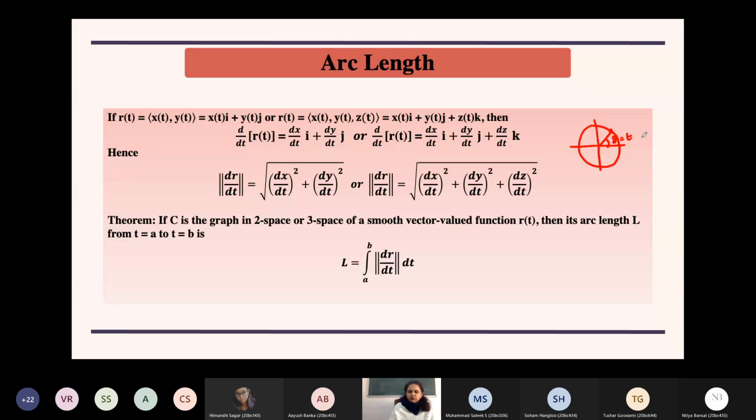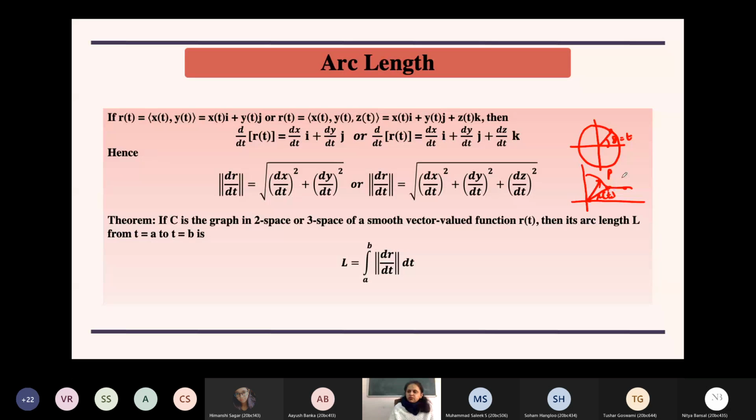And in general, for any curve, whenever you are positioned at any particular point P, corresponding to which the position vector is r(t), then this t is basically telling you the time. So say for example at t equals 0 you are here, then when t is 1 you are here, then when t is 2 you are at some other point. So that means your t is representing the time.